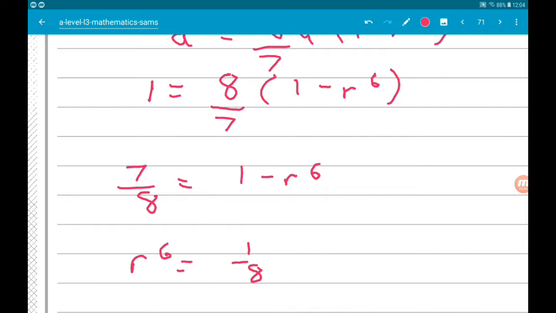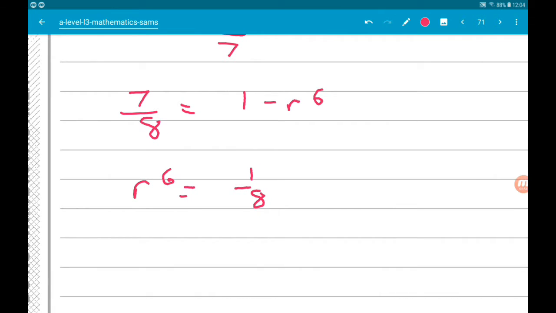Okay, so at this point, do we want to 6th root 8? No. What we can do is cube root it. So, if we now cube root both sides, we get R squared is equal to 1/2.